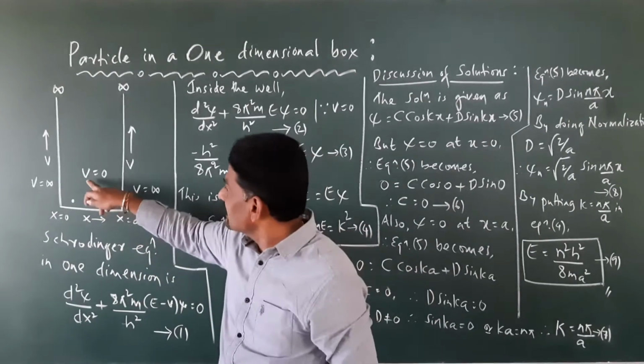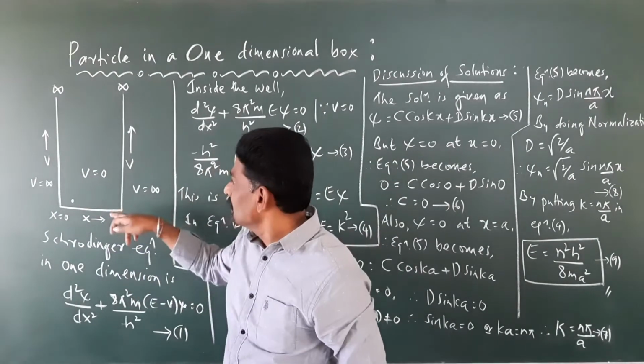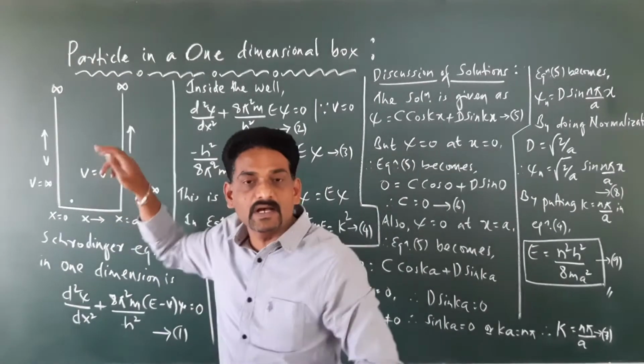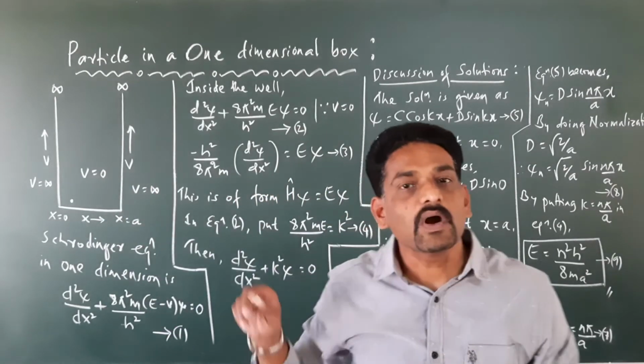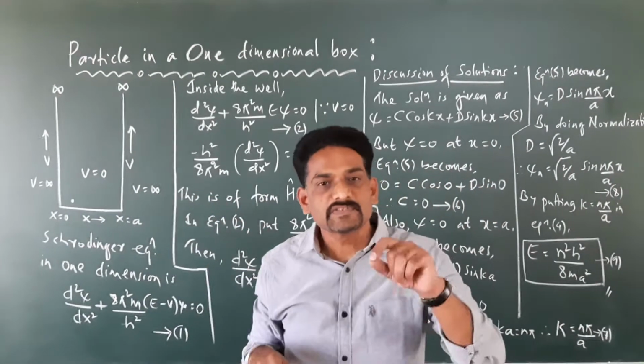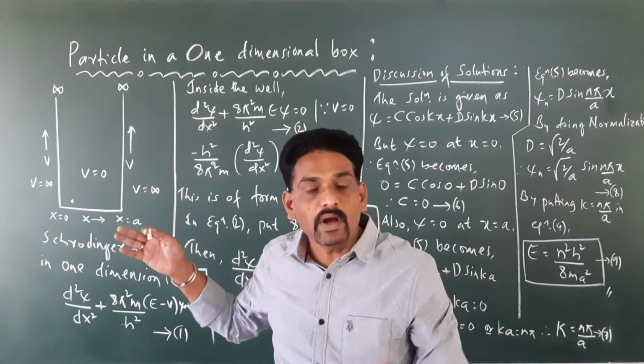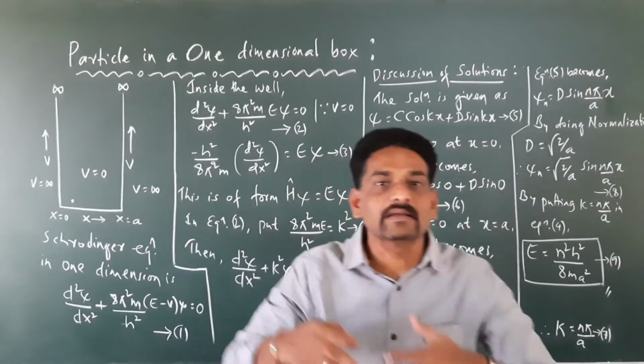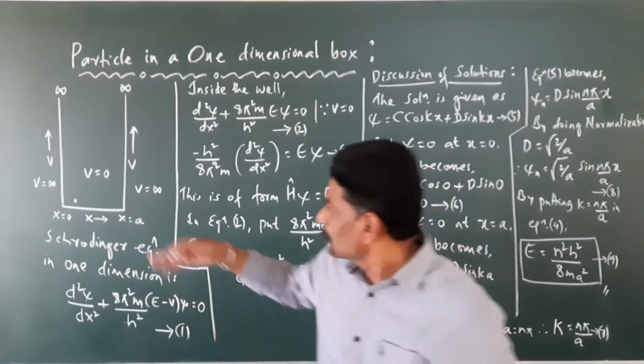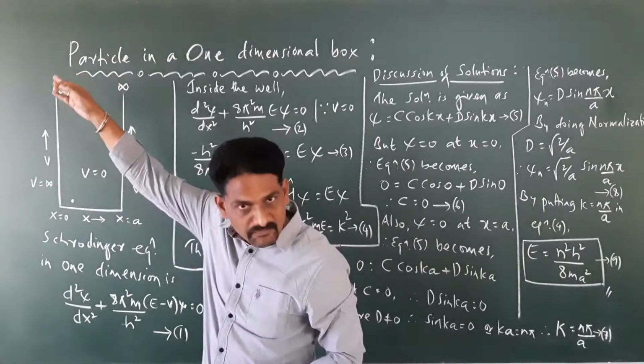Then inside the box, the potential energy is taken as 0. So what does V equals 0 indicate? If the potential energy is equal to 0, it means that there is no external force acting inside the well. Why? Because the height of the wall is infinite.